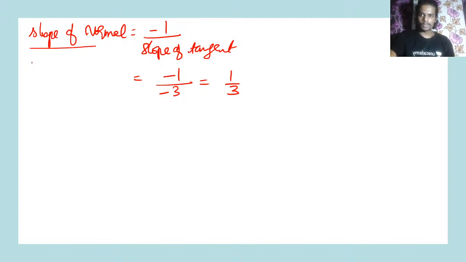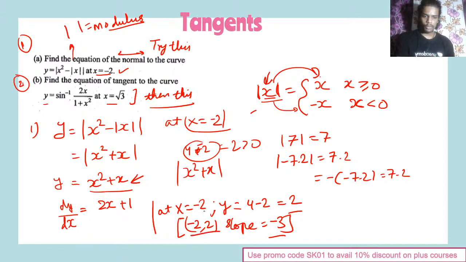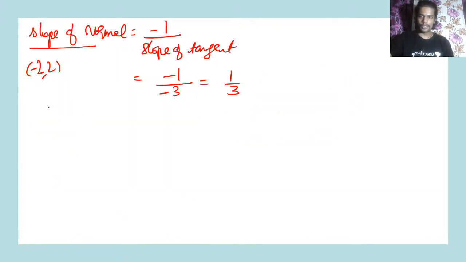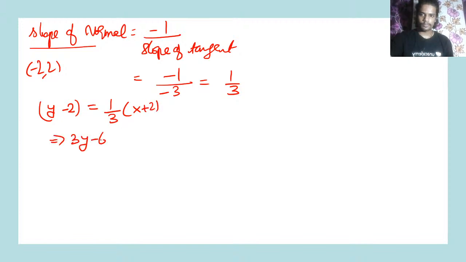The point is minus 2 comma 2. So the equation of the normal is y minus y1 equal to m, which is 1 by 3, times x minus x1. So the equation is 3y minus x minus 8 equal to 0.